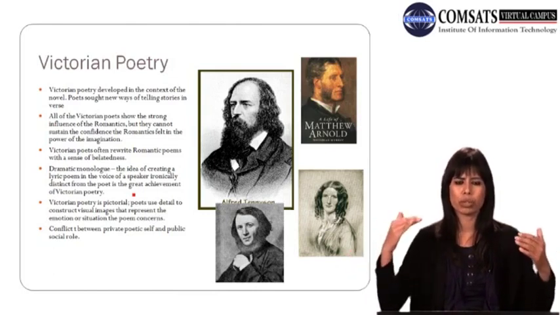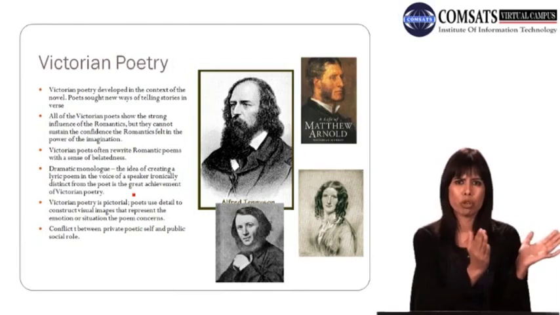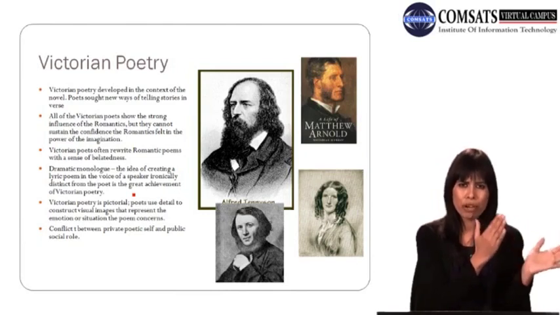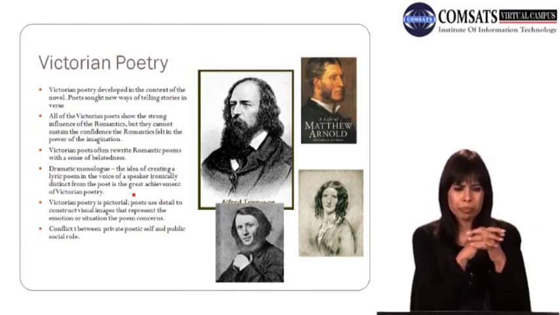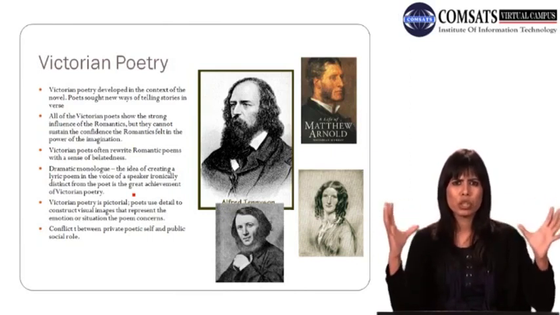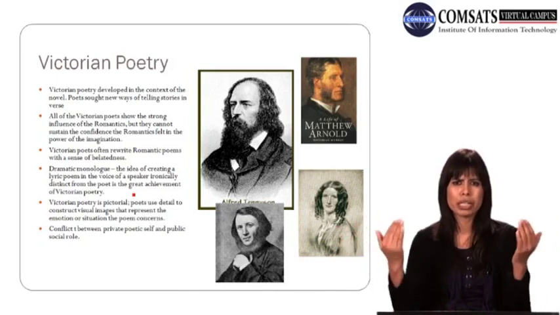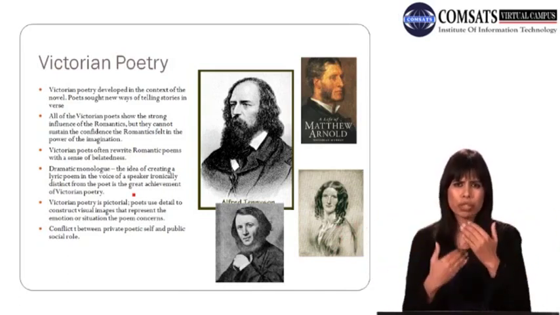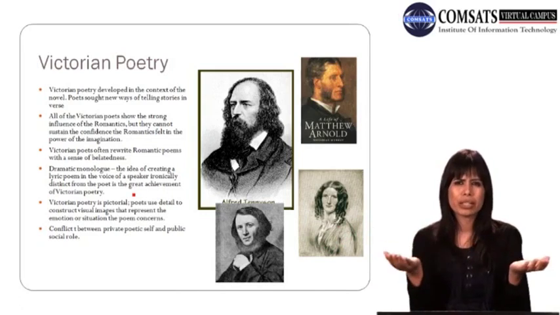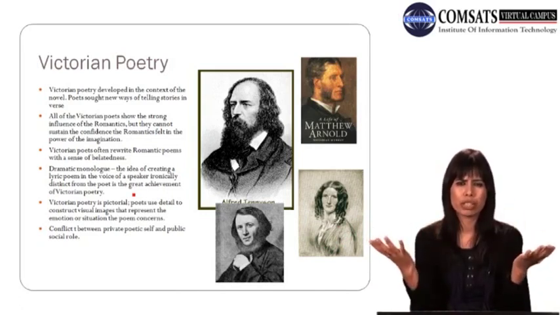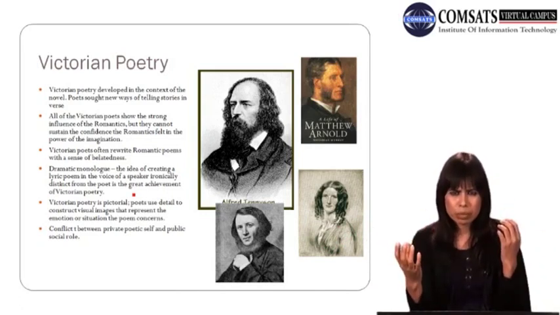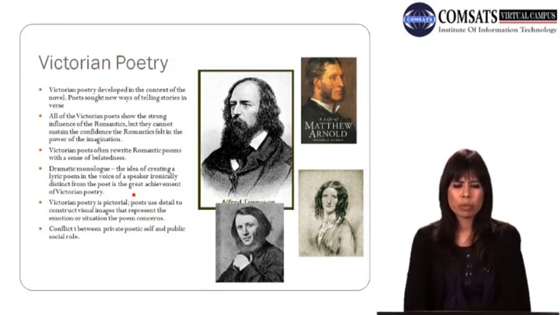Poets sought new ways of telling stories in the form of verse or poetry. The context is that of a novel, like social problems, social issues, social happenings, along with the mixture of different social classes or the search for a social position, and it is for entertainment purposes as well. All of the Victorian poets show the strong influence of the Romantics, but they cannot sustain the confidence the Romantics felt in the power of the imagination.